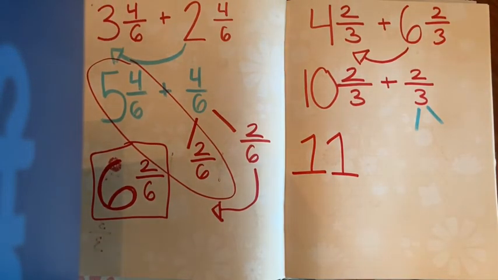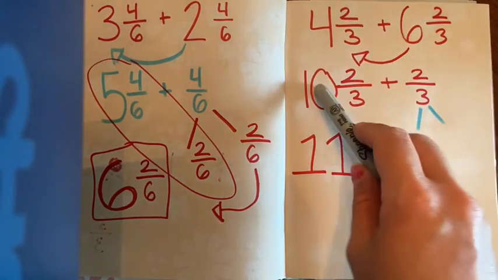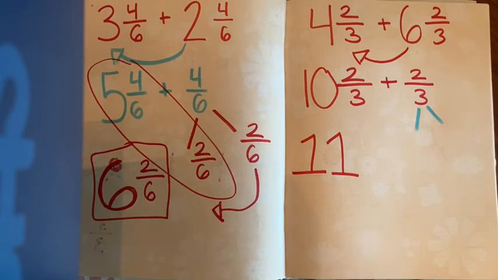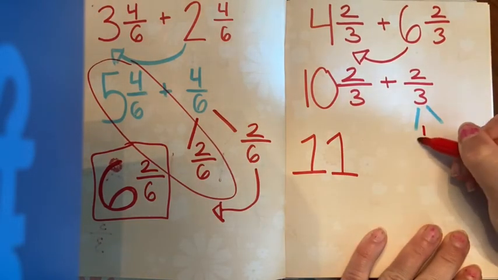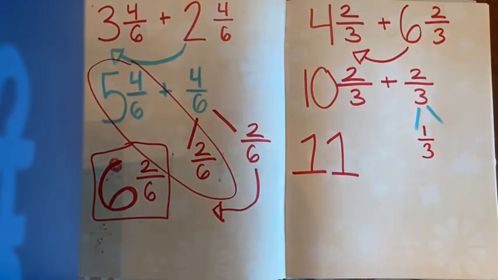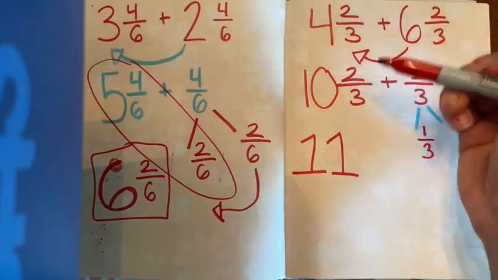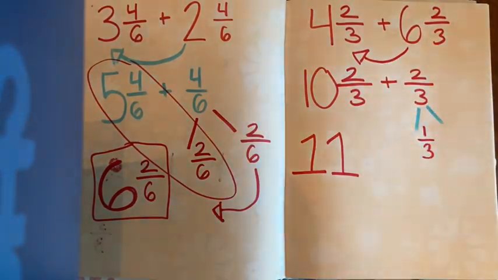What you may notice is that there are 2 out of the 3 pieces filled in. So how many thirds do I need in order to make 10 2/3 a new whole number of 11? Yes, I want to borrow 1/3 from our 2/3 because 1 plus 2 is going to give us the 3 over 3, meaning that we're going to have the new whole number of 11.